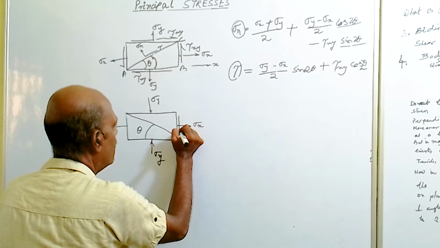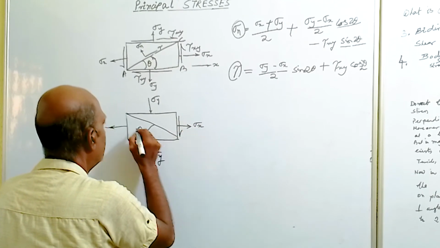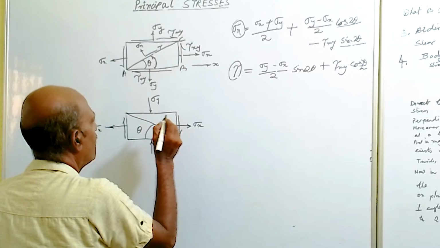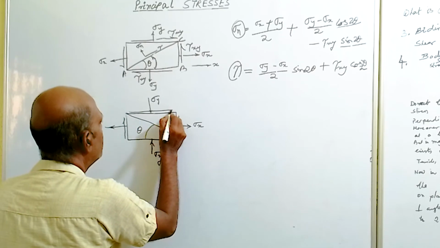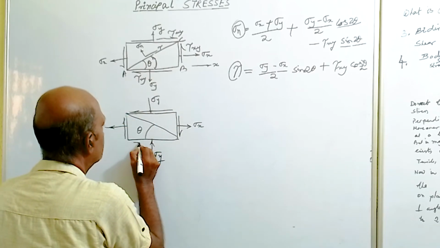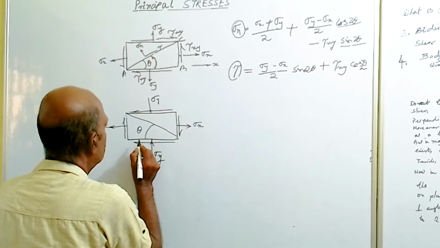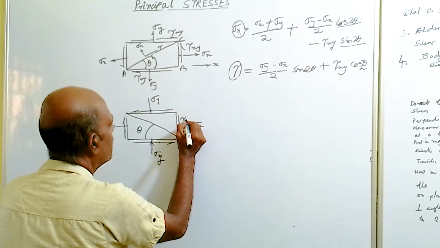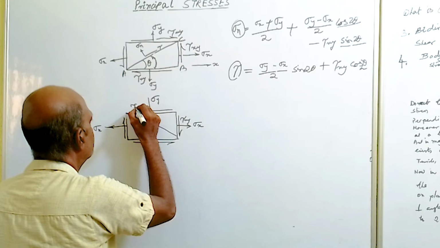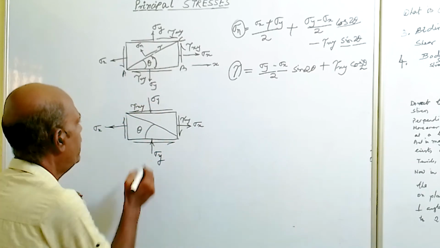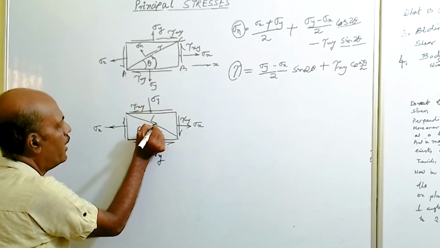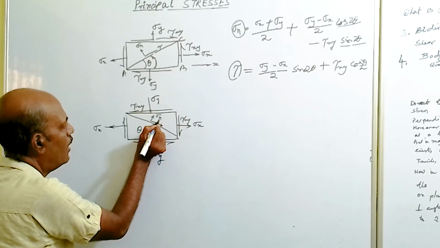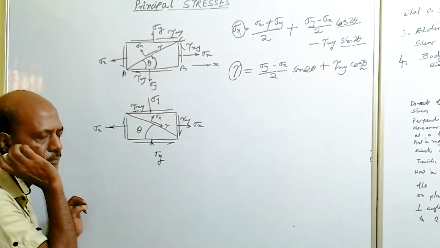Also the shear stress acting on x face is clockwise, and on y face it is anti-clockwise. That is tau xy. Now for this case, what should be the sigma n and tau values? So we are going to write the formula for this.